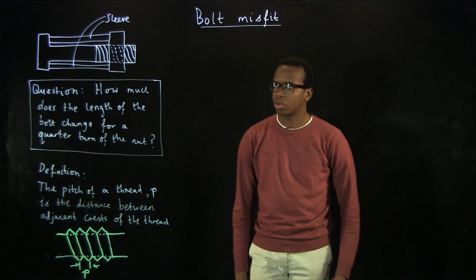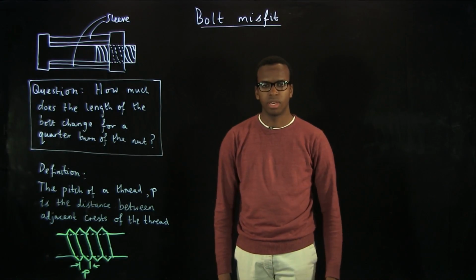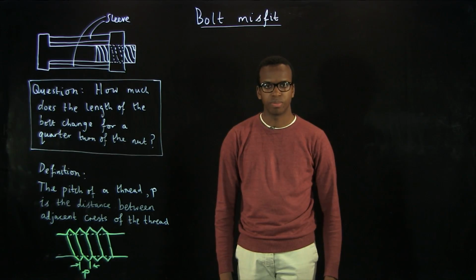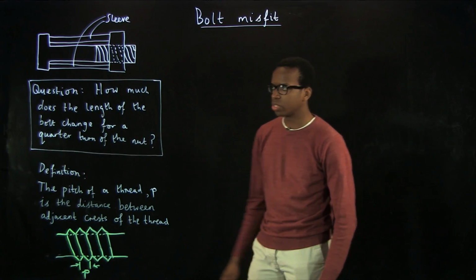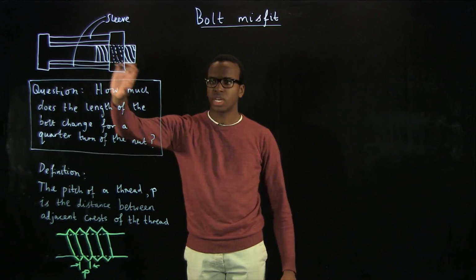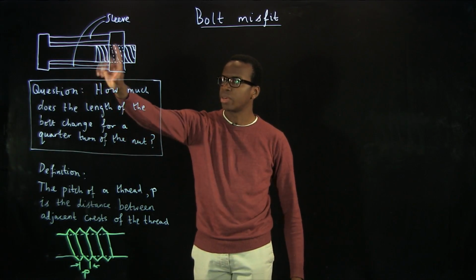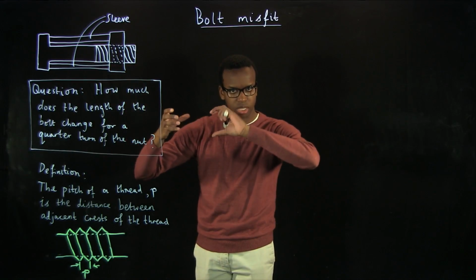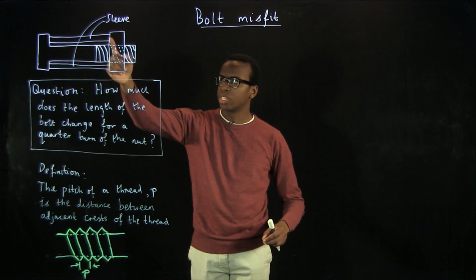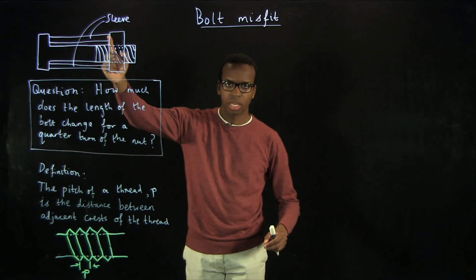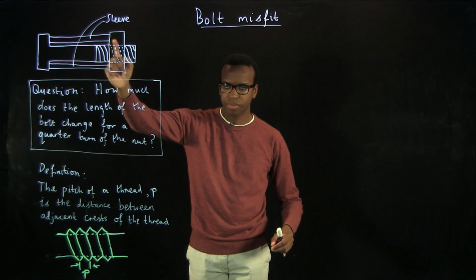Right. So we have a question here about the bolt misfit problem. The setup of the problem is we have a bolt and it's mounted within a sleeve, and then we put a nut on the end of the bolt and we're tightening it until there's no gap between the sleeve and the nut.